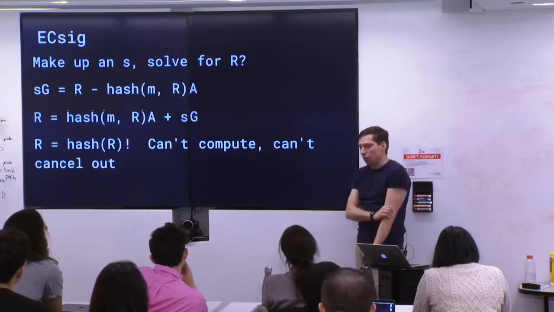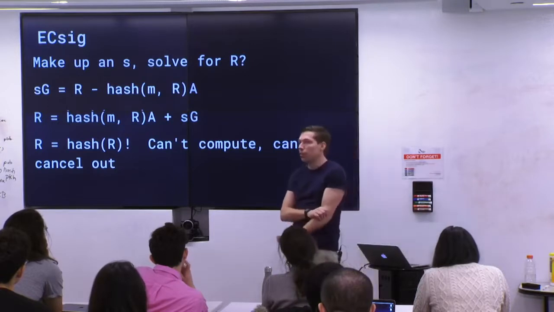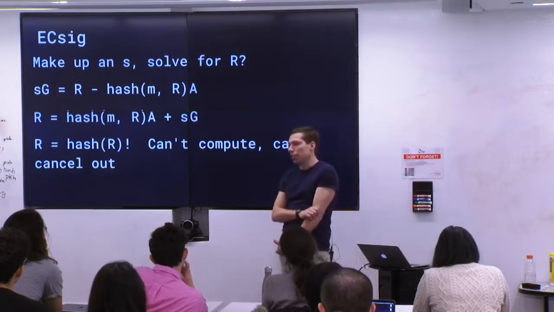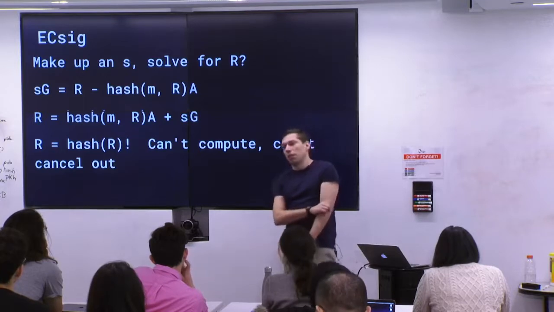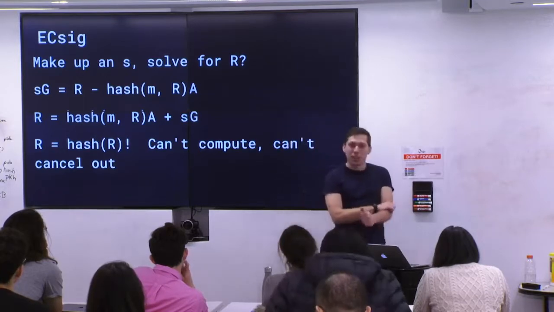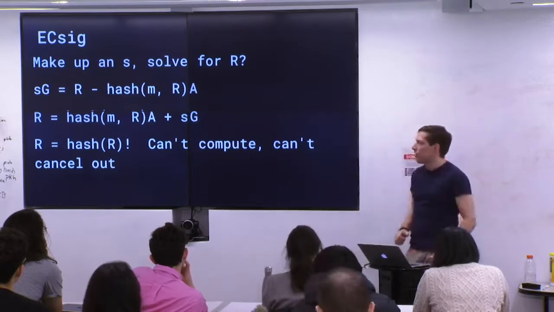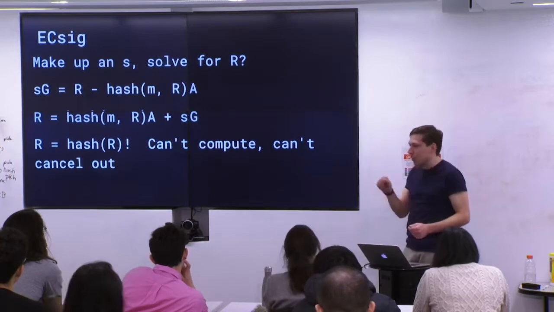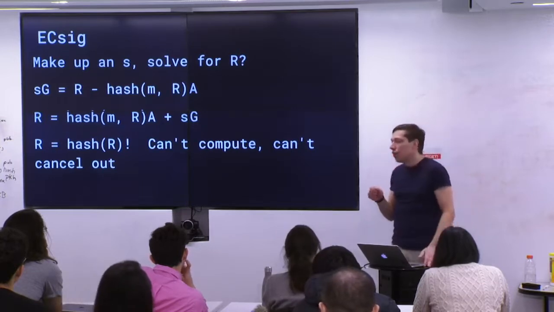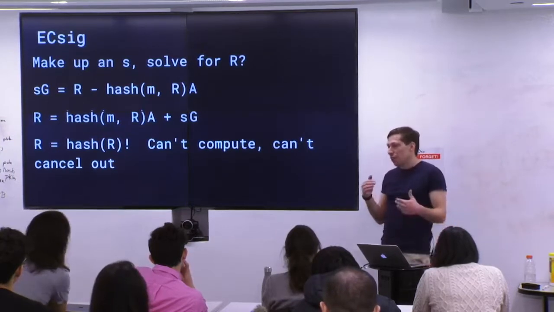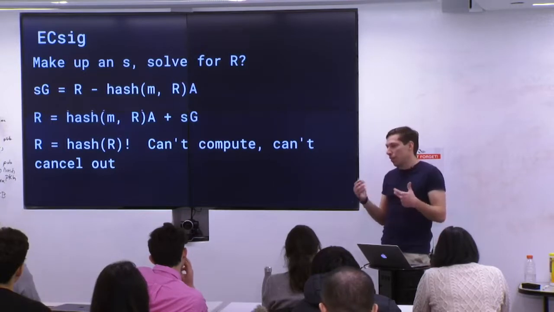There is one sort of foot gun with EC signatures. If you use the same R value for different signatures with the same pub key, you reveal your private key. So K has to be random and new every time. If you look through the equation, you'll see you can solve for K if you have two of the same K's with different S's.